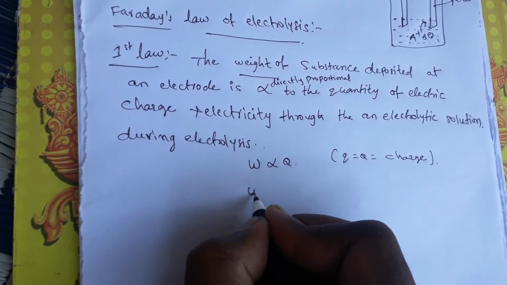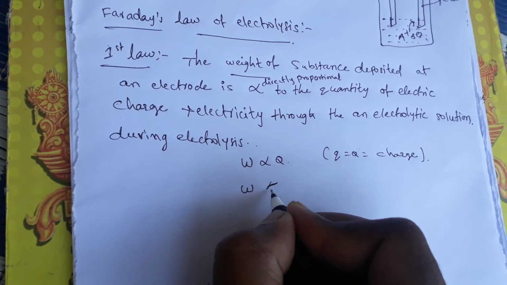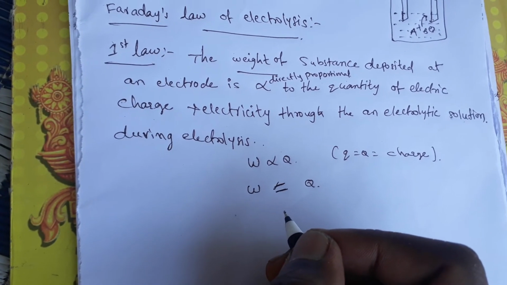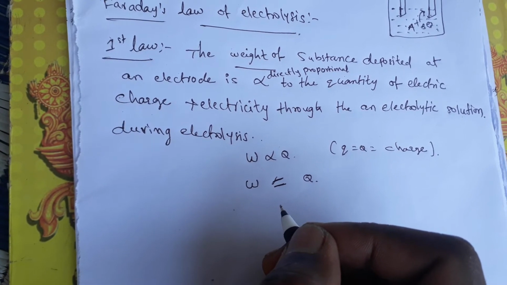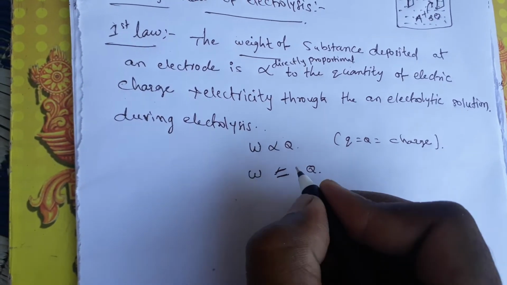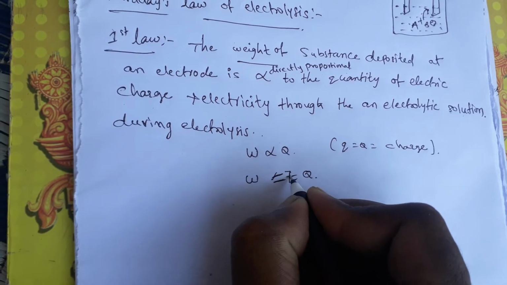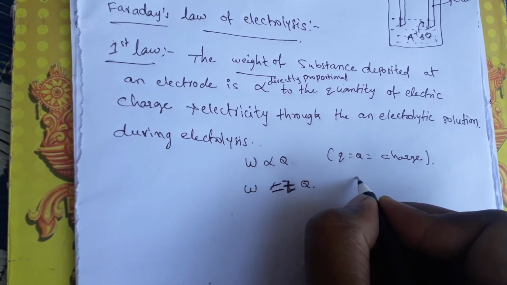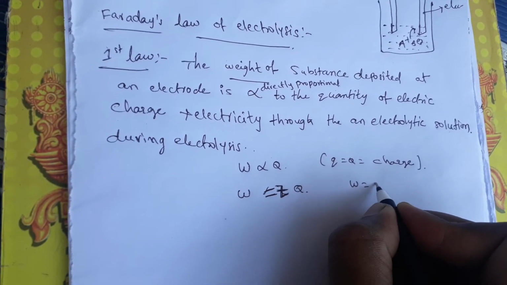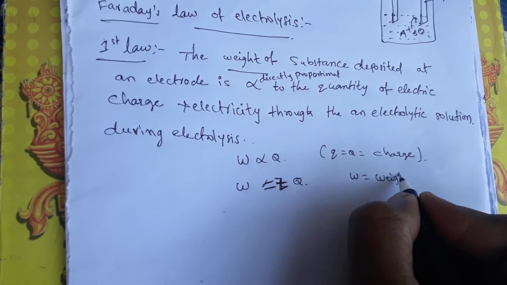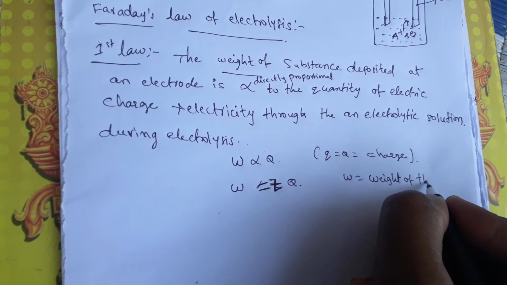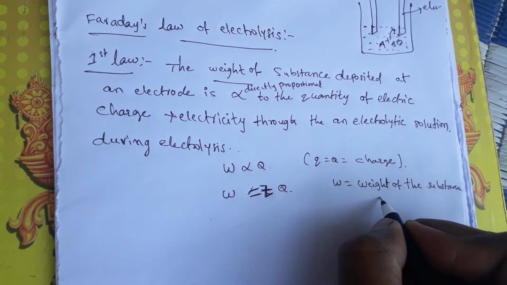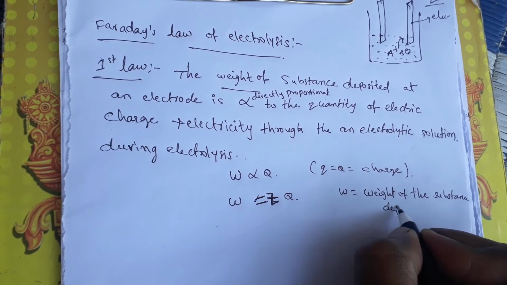If I remove the proportionality, there is a constant, the Z value, which is the electrochemical equivalent. So W equals ZQ, where the constant is Z. Here W is the weight of the substance deposited in grams.